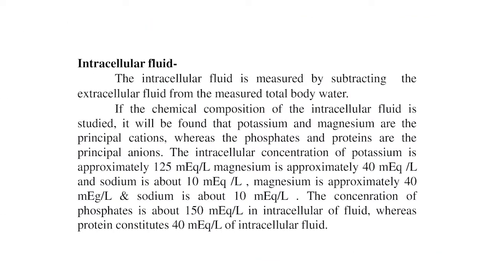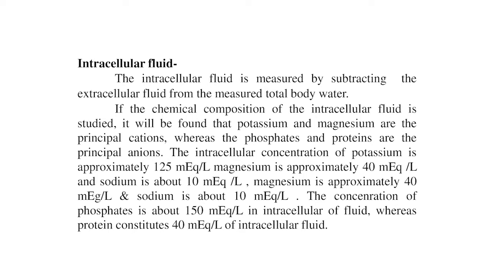Now the intracellular fluid. The intracellular fluid is measured by subtracting the extracellular fluid from the measured total body water. If the chemical composition of the intracellular fluid is studied, it will be found that potassium and magnesium are the principal cations, whereas phosphates and proteins are the principal anions.